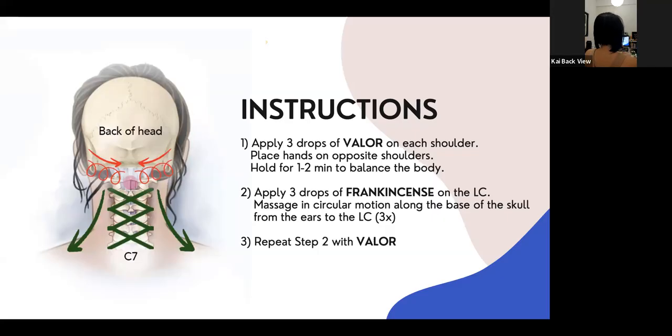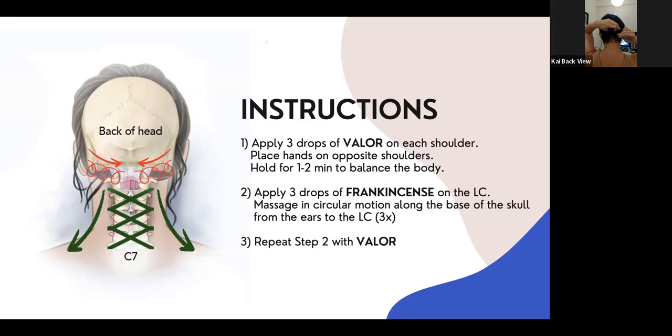Step number 3, you're going to apply Valor to the entire same area, LC and the side. By the way, frankincense is also a highly oxygenating oil, which means it delivers oxygen to your brain really fast. So with Valor, let's do exactly the same.